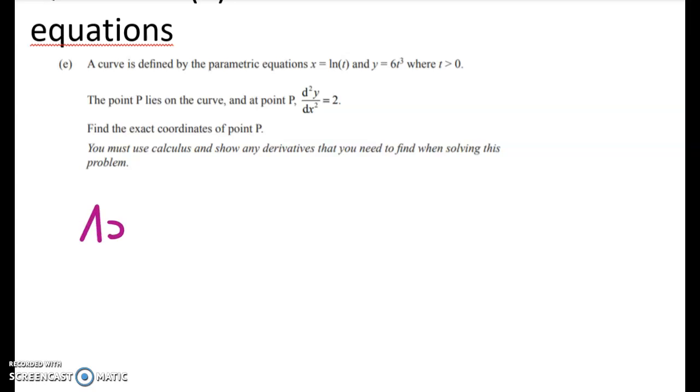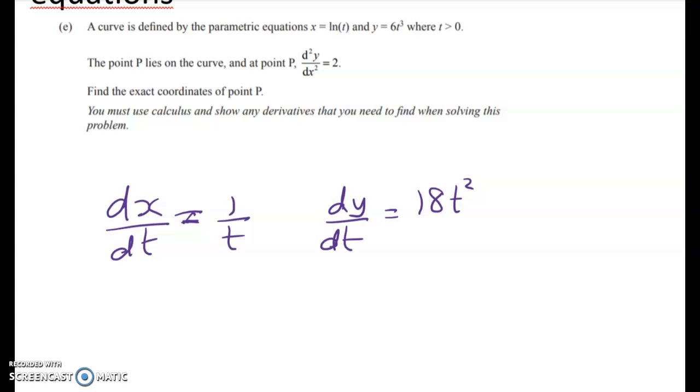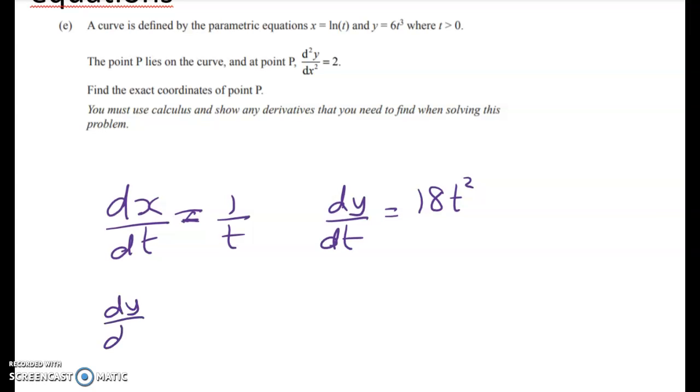So we've got dx by dt is equal to 1 over t, and dy by dt is equal to 18t squared. Dy by dx with parametric comes from the chain rule, so it's dy by dt times dt by dx.